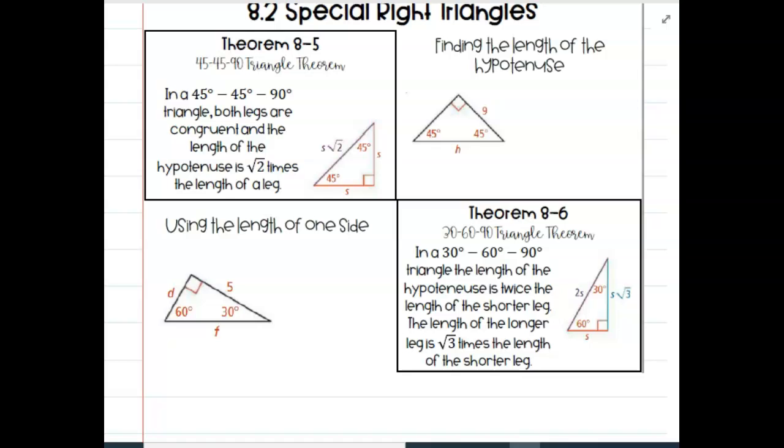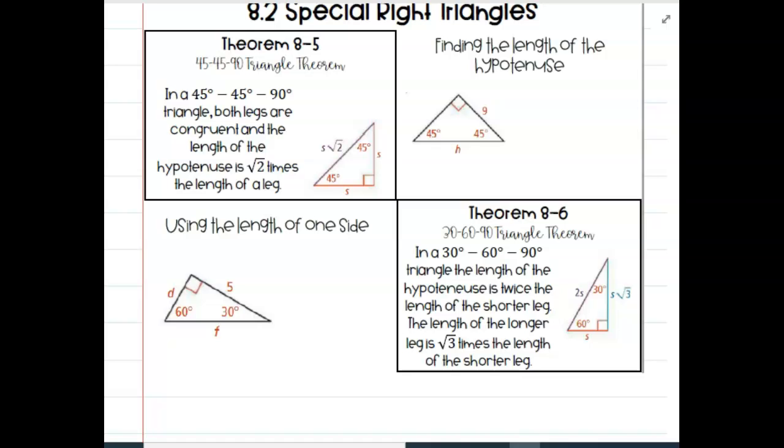This one's a little easier to figure out than the other one. If you were to do the Pythagorean theorem, you'd have s squared plus s squared, 2s squared, equals the third side. And if you were to solve that in terms of s, that's how you would get s square root of 2.